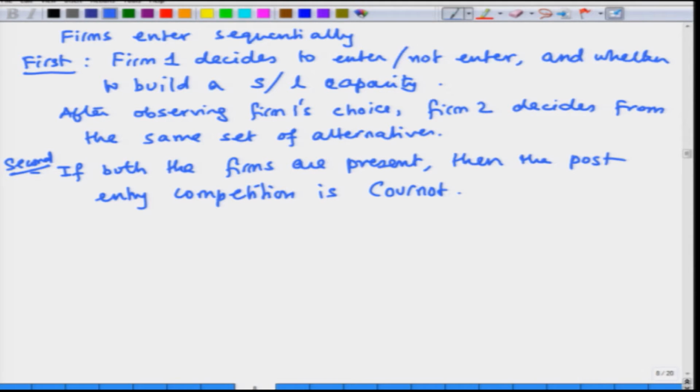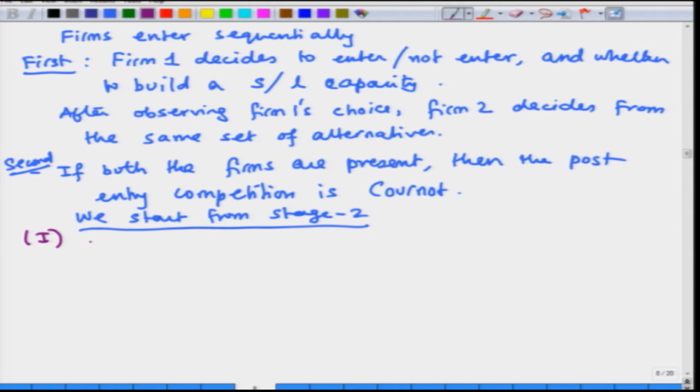Now, let us start with stage 2, and solve the model backwards, and there are a few cases that we need to consider.